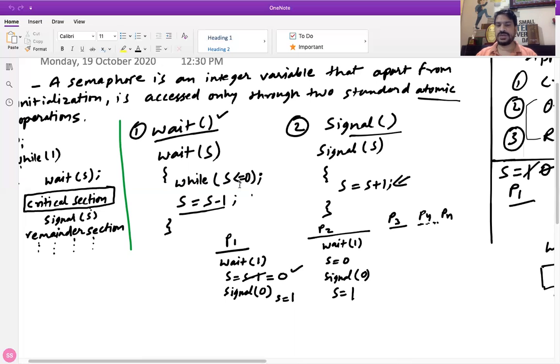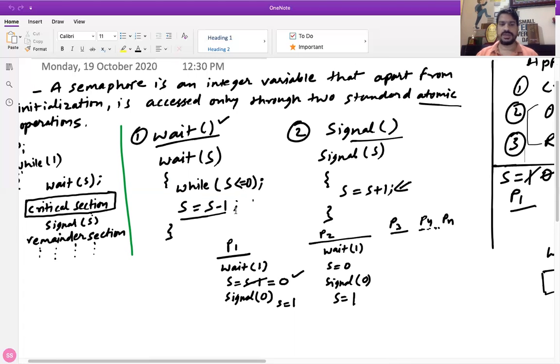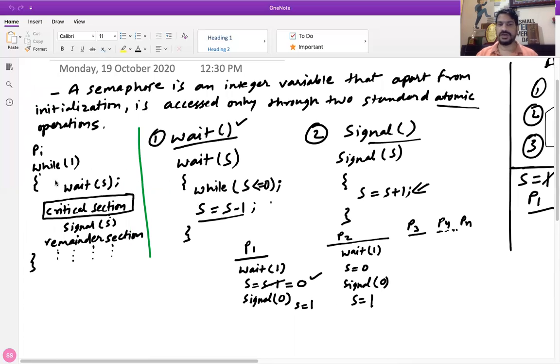If s value is greater than 0, then it will reduce the value of s, which is the value of the semaphore, and it will allow a process to go to the critical section, because in the pre-condition the wait method has to be called.